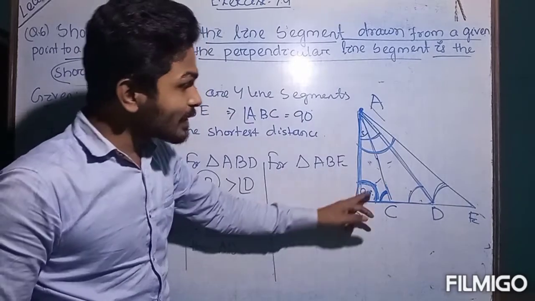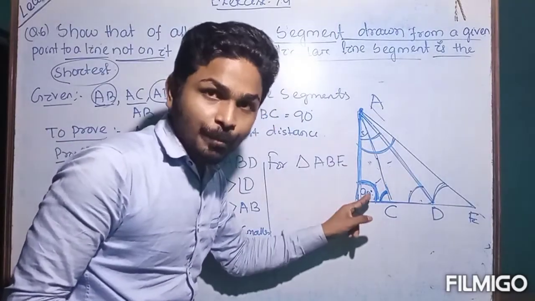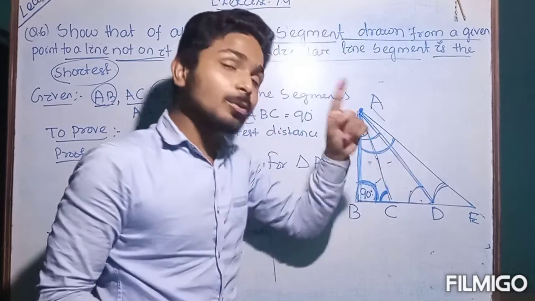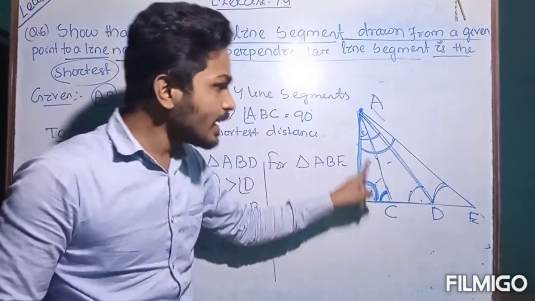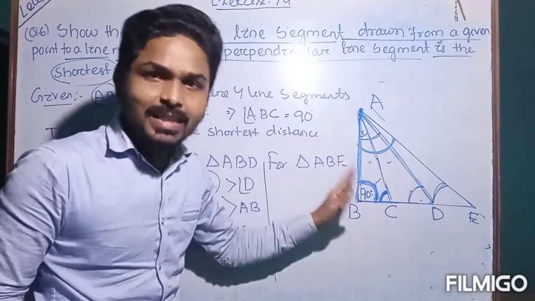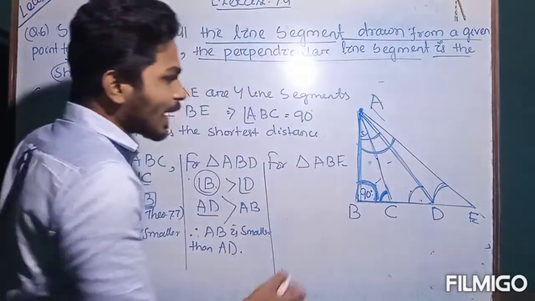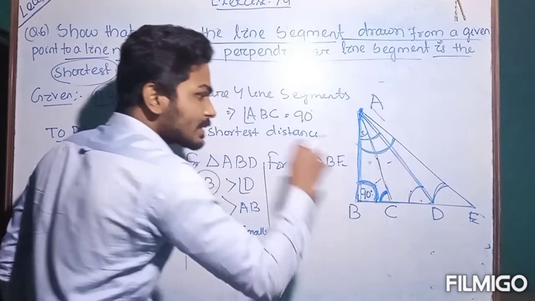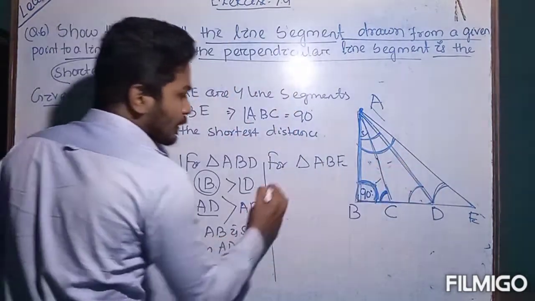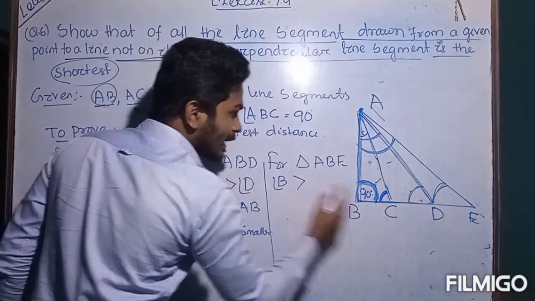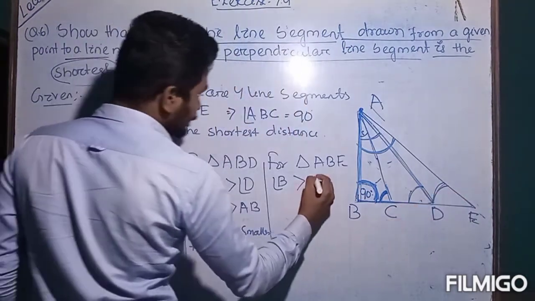Now since this angle is 90 degrees, the other two angles add up to 90 degrees. It means this angle must be less than this angle, and this angle must be less than this angle. So simply we can write that angle B is the largest angle among the three angles. So you can write angle B is greater than this angle.